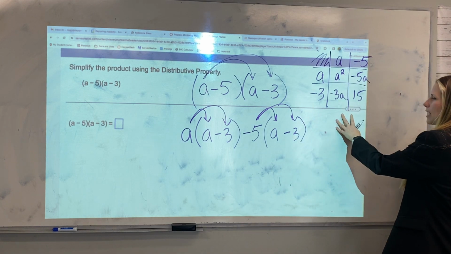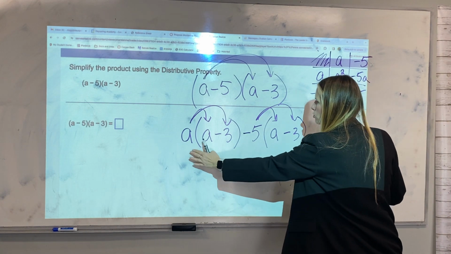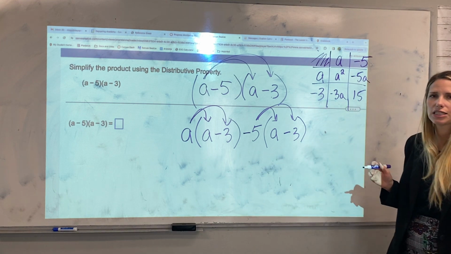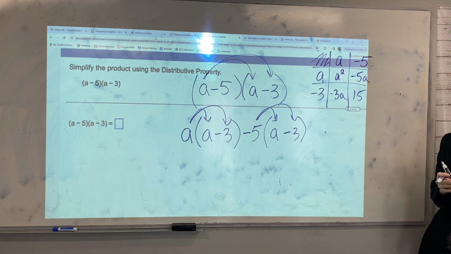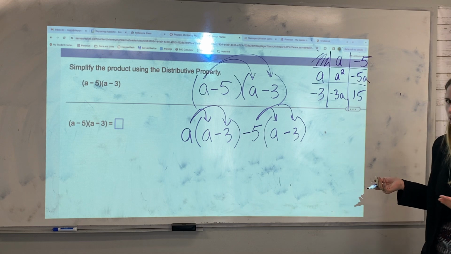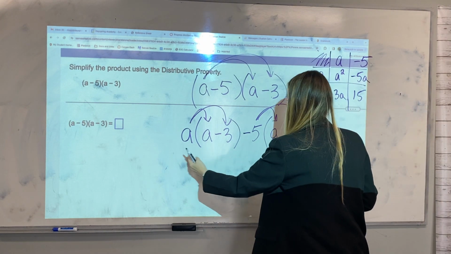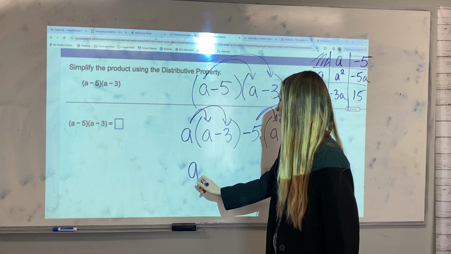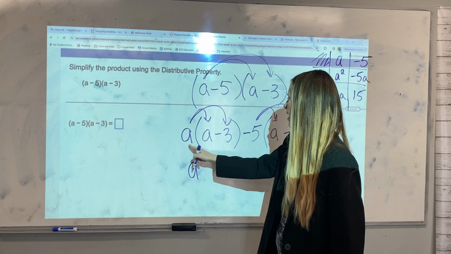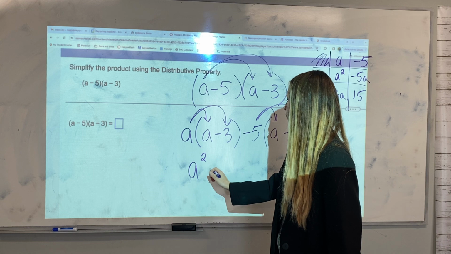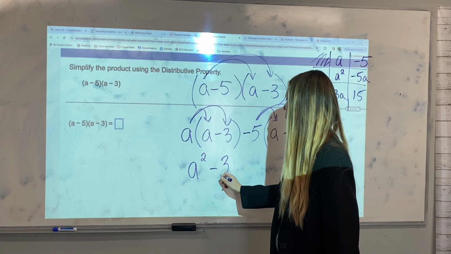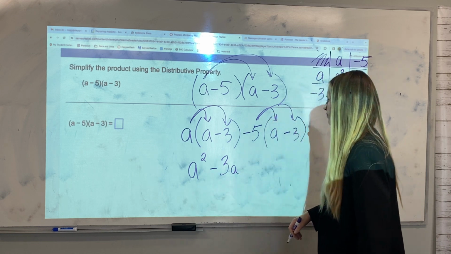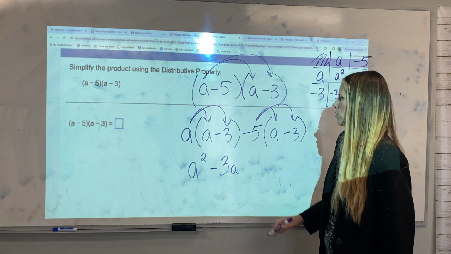That's exactly what's happening in the table. Here we're just writing it horizontally with distributive arrows. Then we just multiply from left to right. We distribute. A times a is a squared. A times negative 3 is negative 3a. Done.